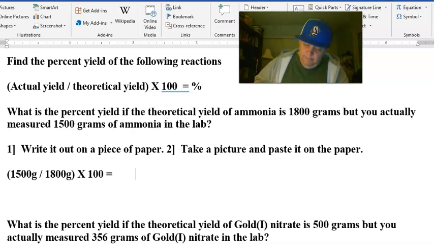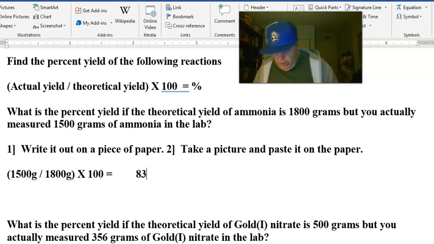So 1,500 divided by 1,800 equals 0.83. That's my decimal. Now I multiply by 100 and I walk away with 83%.